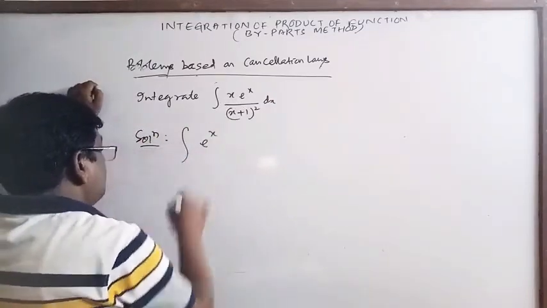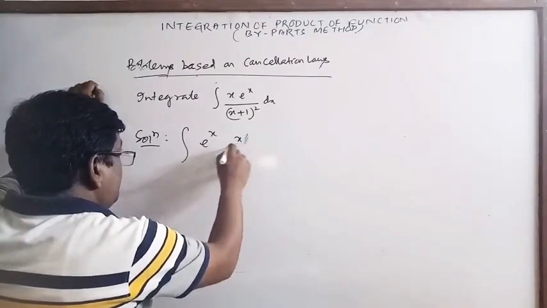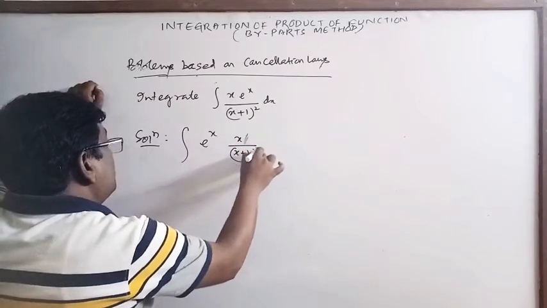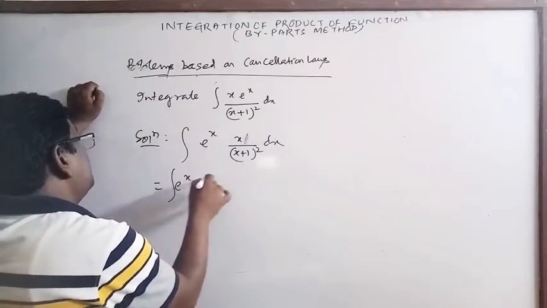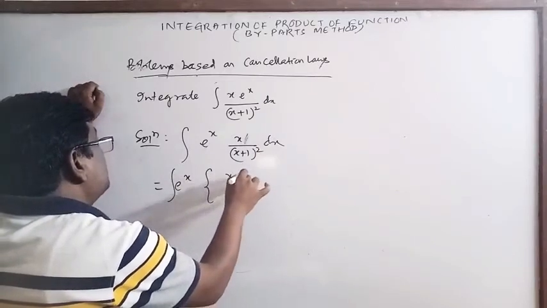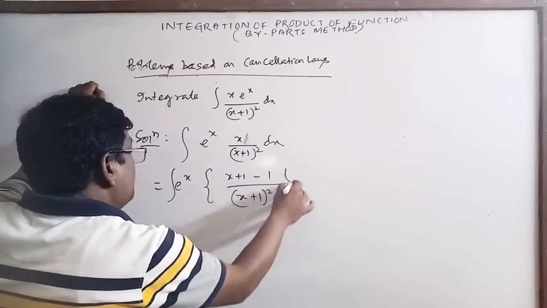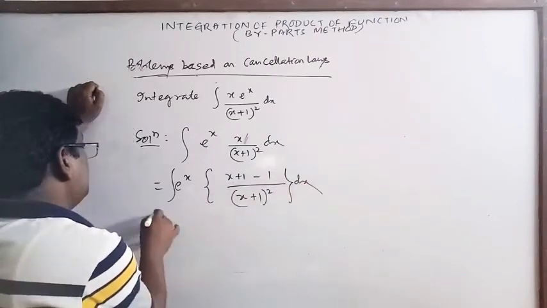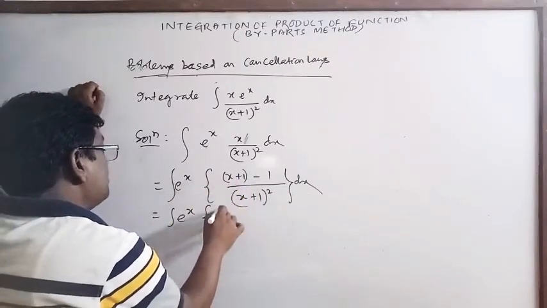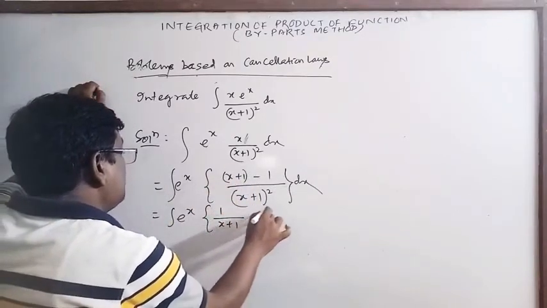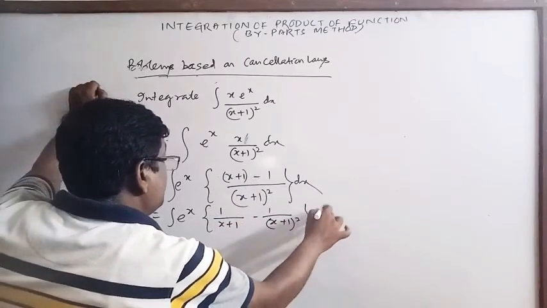So e to the x bracket, x plus 1 minus 1 divided by (x plus 1) whole square dx. So e to the x and x plus 1 divided by (x plus 1) whole square, that is 1 by x plus 1, minus 1 by (x plus 1) whole square dx.